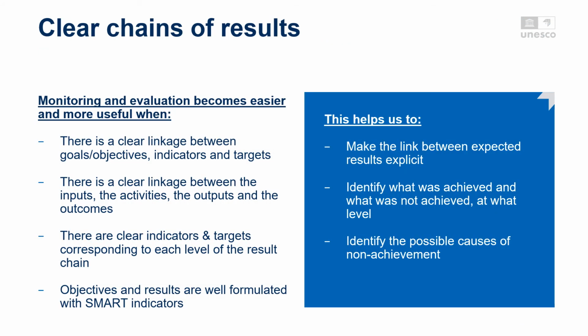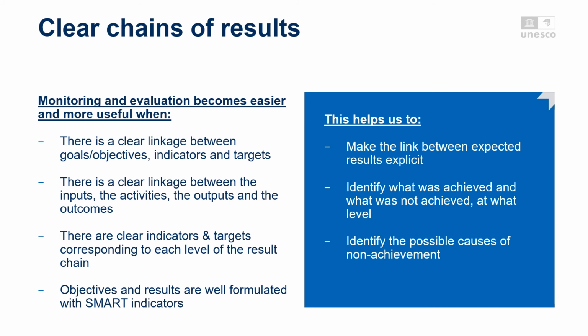Monitoring and evaluation becomes easier and more useful when there is a clear linkage between objectives, indicators, and targets, and between the inputs, activities, outputs, and outcomes, when there are clear indicators and targets corresponding to each level of the results chain, and when objectives and results are well formulated and precise.